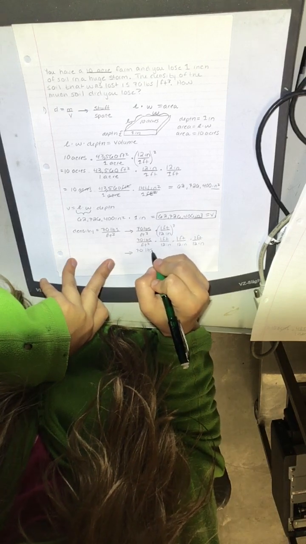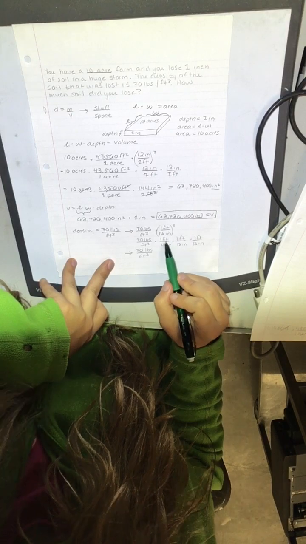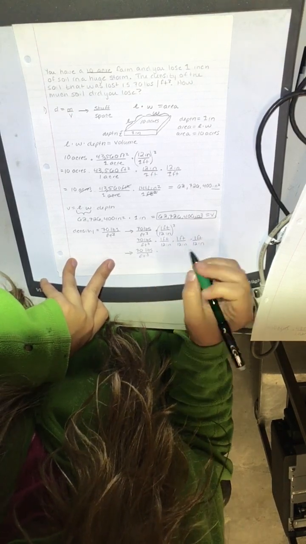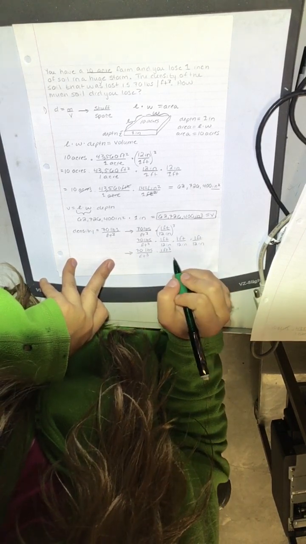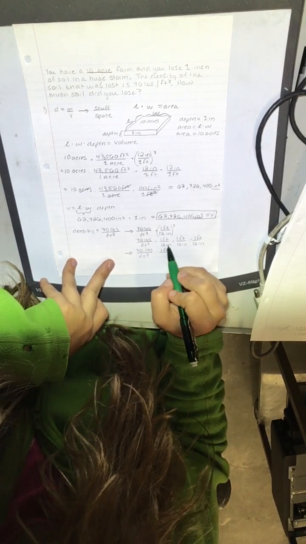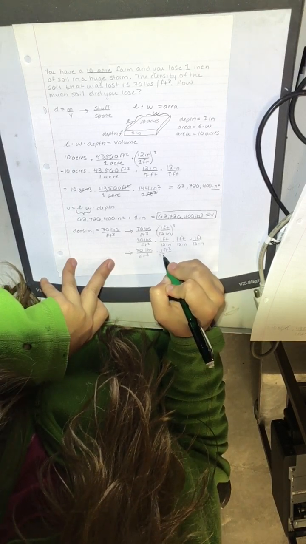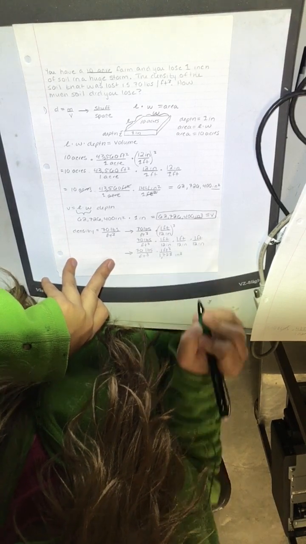So 70 pounds per cubic foot. And so 1 foot times 1 foot times 1 foot, oh, tongue twister, is 1 foot cubed. And when we do 12 inches times 12 inches times 12 inches, we get 1728 inches cubed.